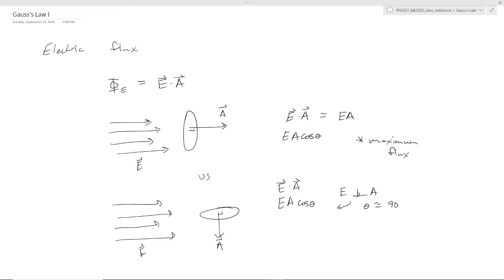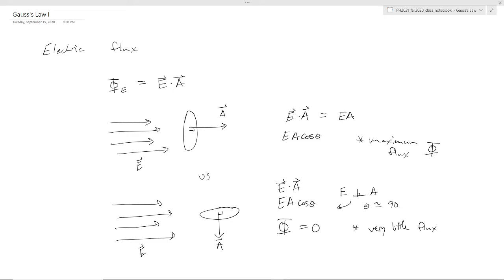In that situation, this cosine is going to go to 0. So if this was the maximum flux case, this would be the flux goes to 0 case. Very little flux.